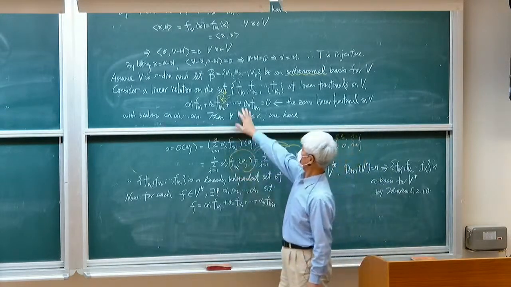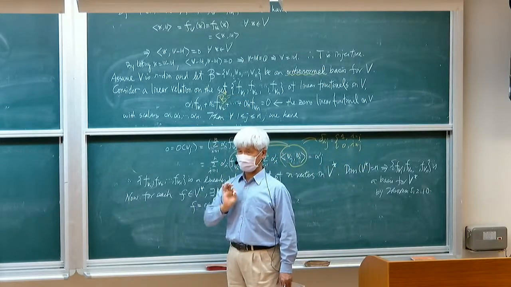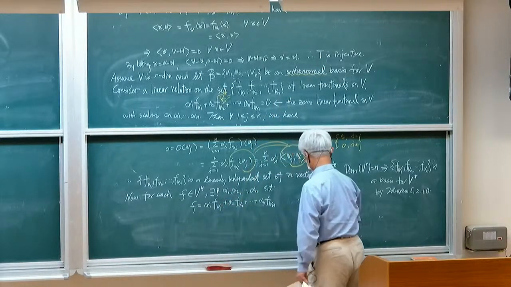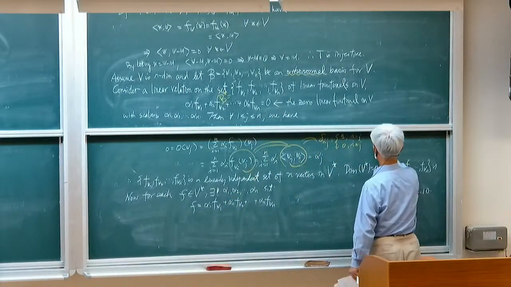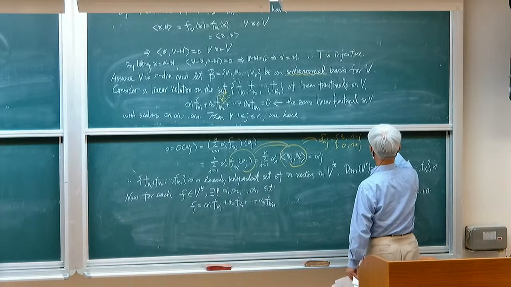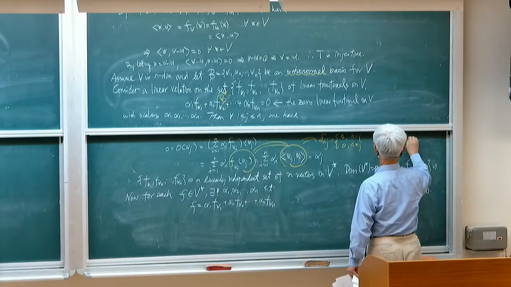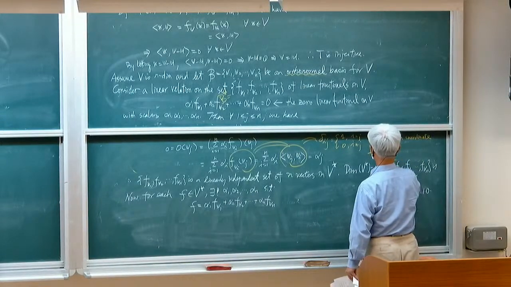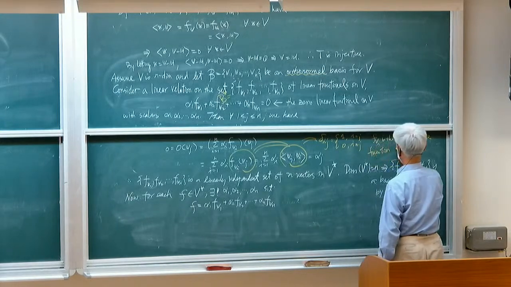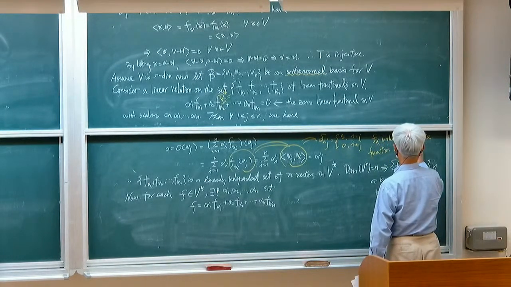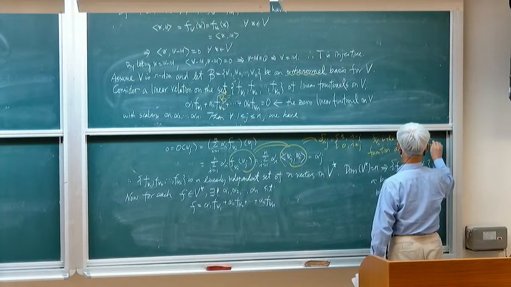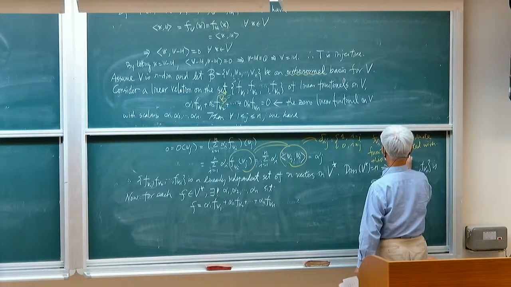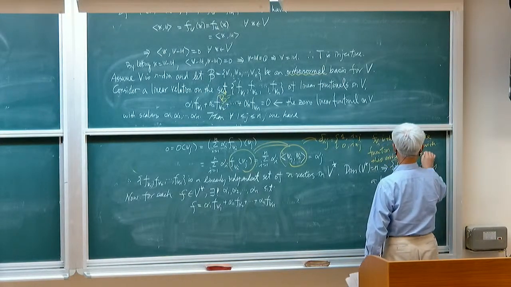So this is actually the dual basis we defined before, the coordinate functions. So f_vi is the i-th coordinate function associated with this orthonormal basis.